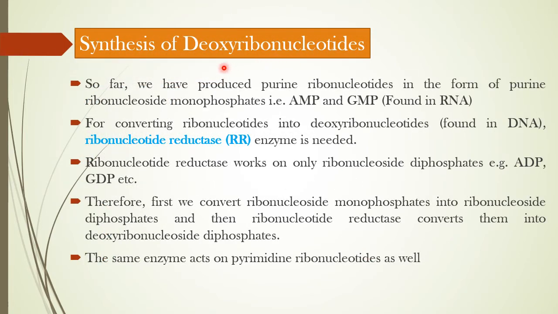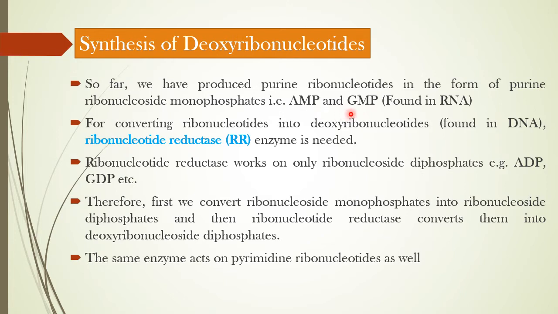We are going to start a very important topic of nucleotide metabolism, and that is synthesis of deoxyribonucleotides. In the previous lecture, we have studied how we can produce purine ribonucleotides in the form of purine ribonucleoside monophosphates. For example, adenosine monophosphate and guanosine monophosphate.